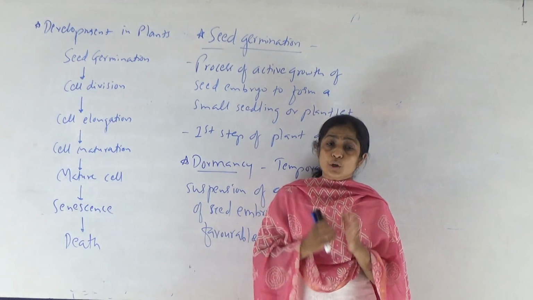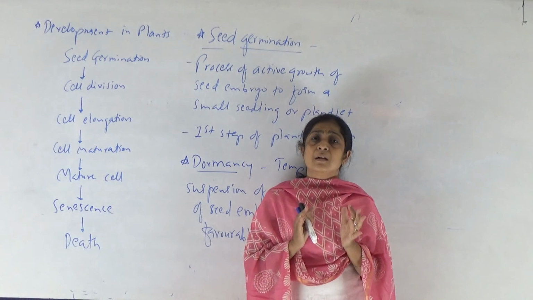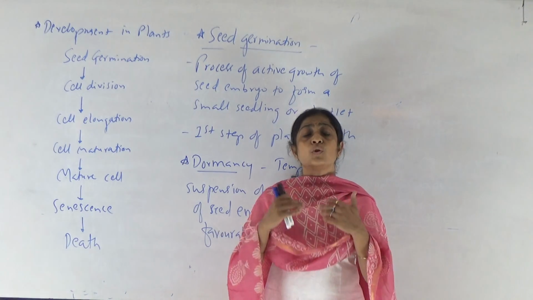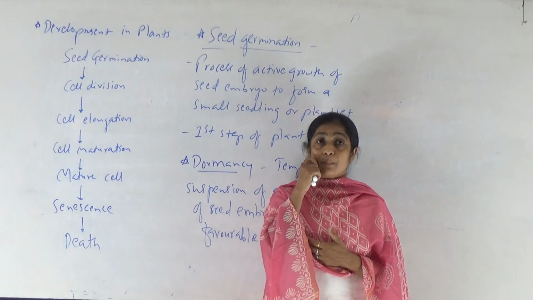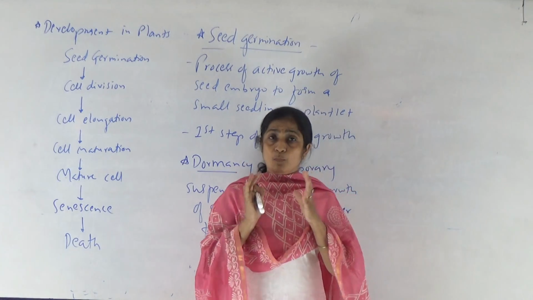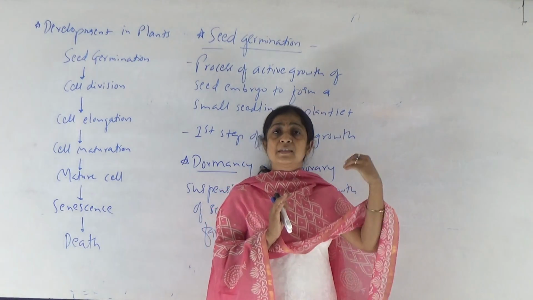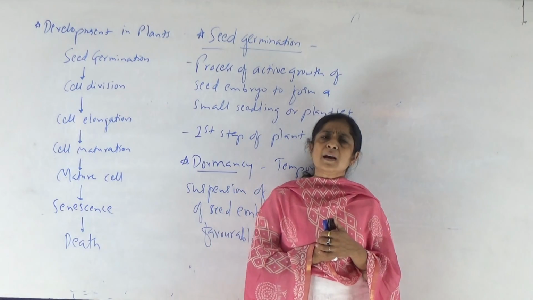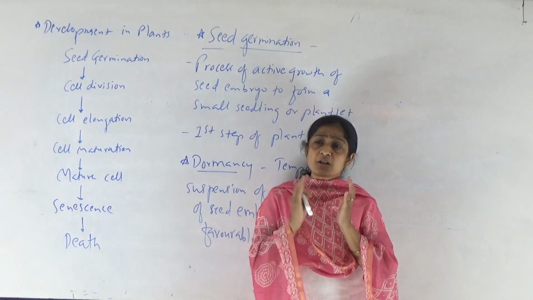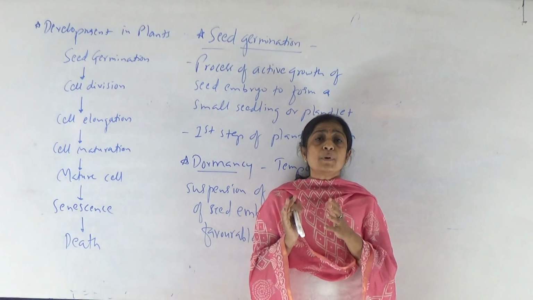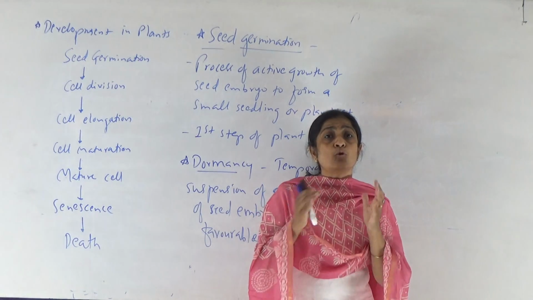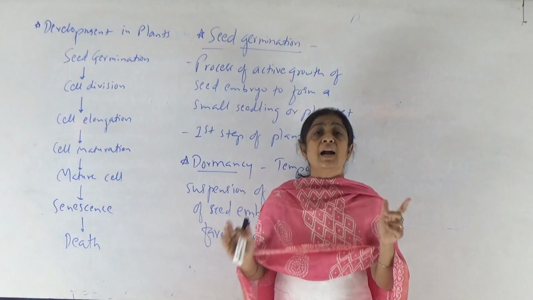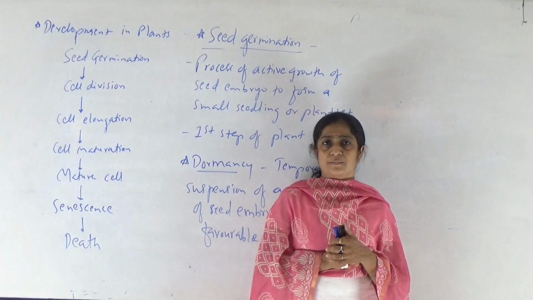So due to these adverse conditions, some seeds are unable to germinate during winter. But when we observe that most seeds show dormancy in summer and winter, it is very clearly seen that the seed embryo is protected by dormancy in these adverse environmental conditions.